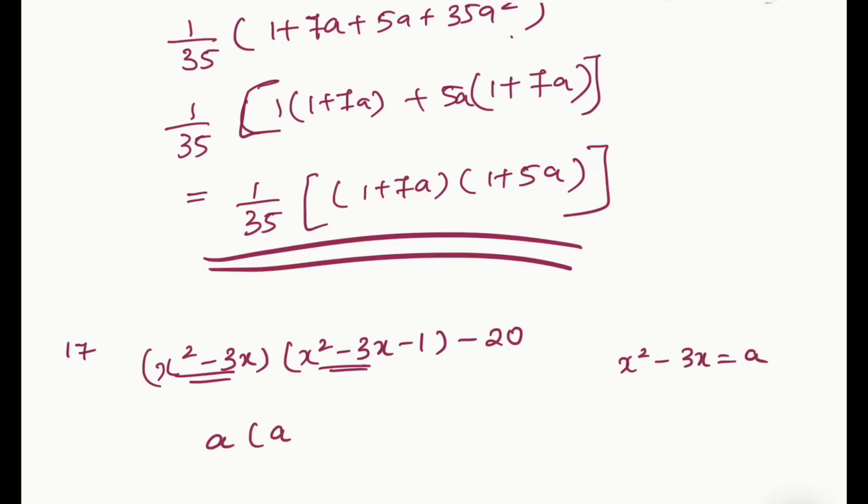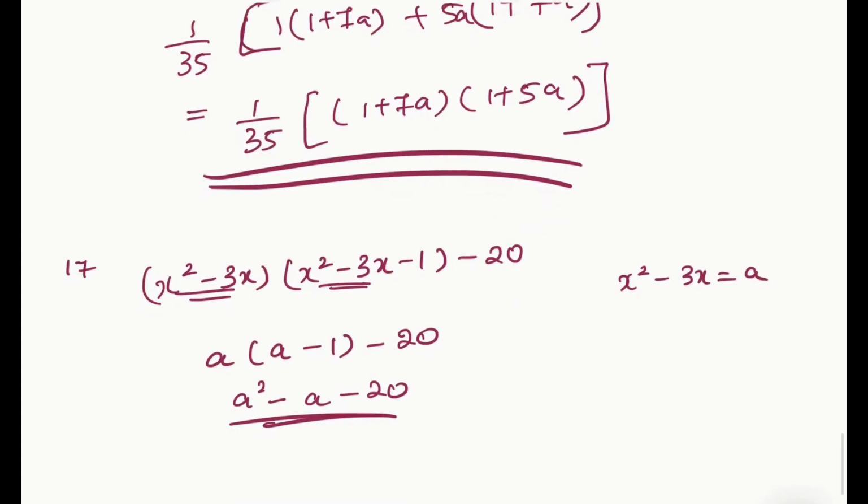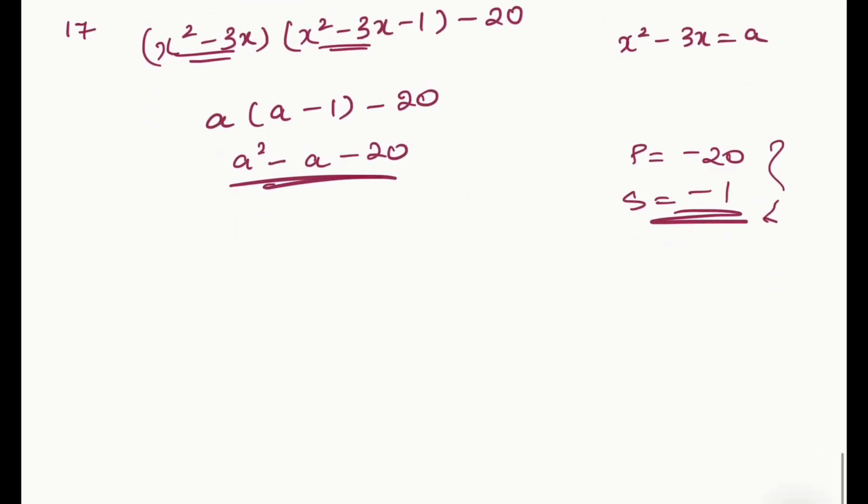A into a minus 1 minus 20. Cross multiply. So you get it as a square minus a minus 20. Okay. So I think you can solve it. Your product is minus 20 and sum is equal to minus 1. You will be able to solve it yourself. Okay. Please do it.